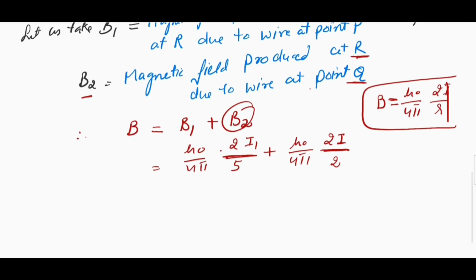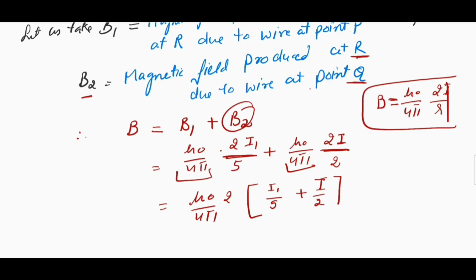So we have to solve this. We'll get from here, this is common, so μ0/4π and 2 also we can take out. Inside we will be left with I1 divided by 5 plus I divided by 2.